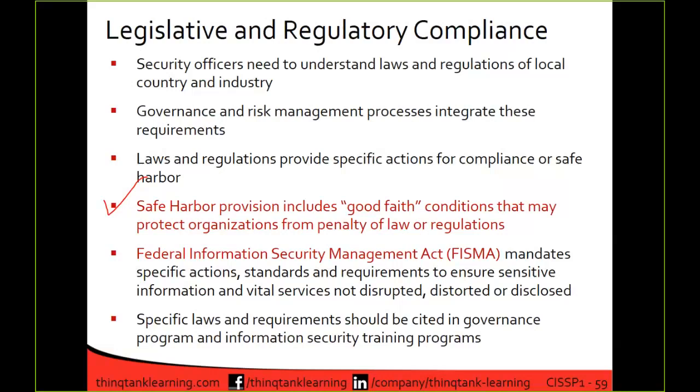Now, there are a lot of safe harbor provisions for things like ISPs, for example. Let's say an ISP is providing internet to a customer, and that customer is downloading and distributing copyrighted content.